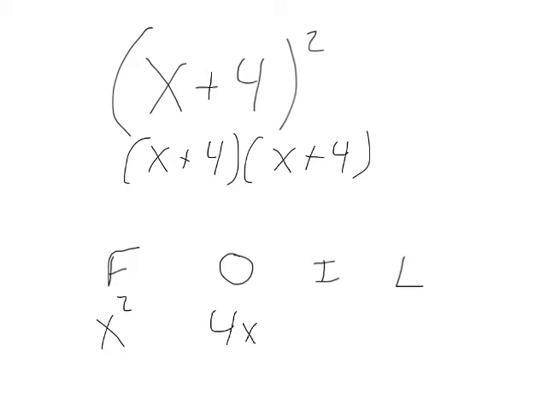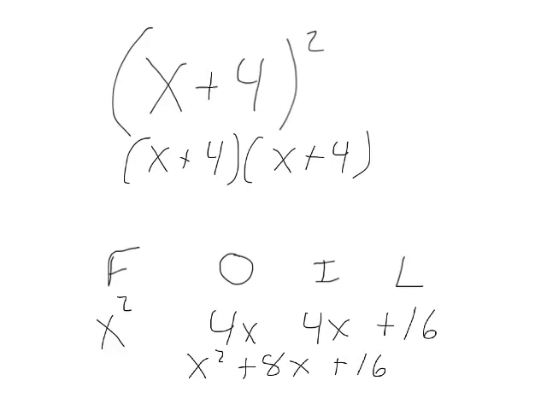I'm going to take the inside terms, that's 4 and x, and that will also give me 4x. And I'll take the last terms, 4 and 4. When I multiply those out, I get positive 16. Again, simplifying by combining like terms, I'll get x squared plus 8x plus 16.